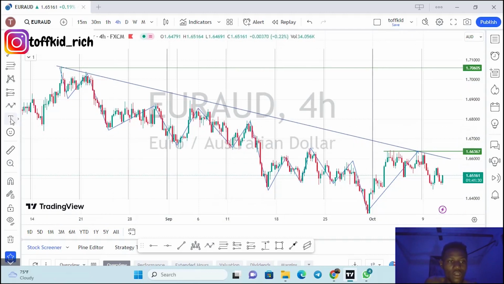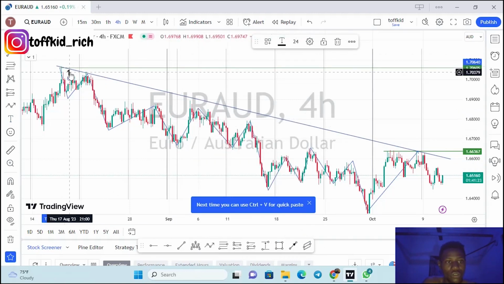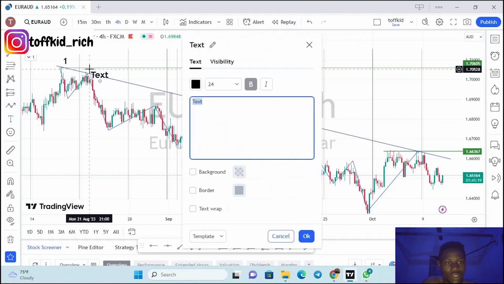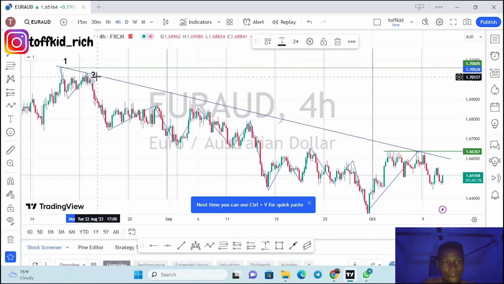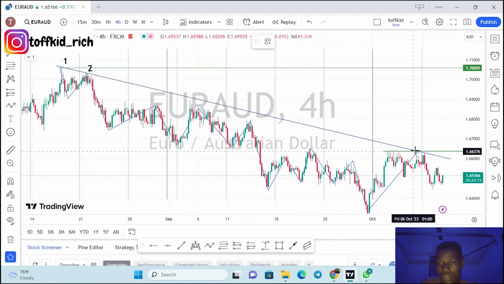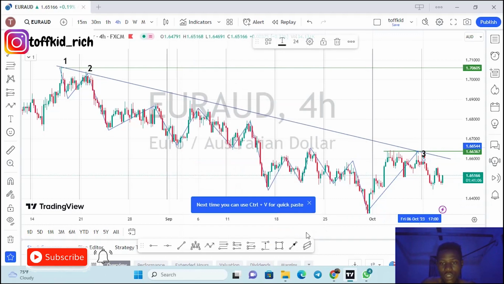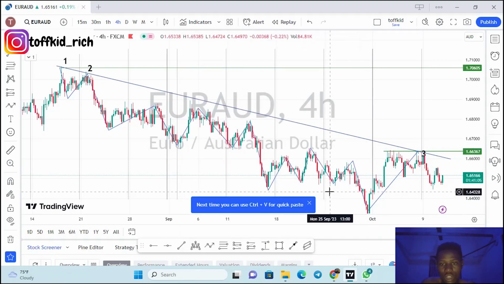So here, who is the first one? That's the first touch of the trend line. Here is the second touch of the trend line. And this point is also the third touch of the downward trend line.